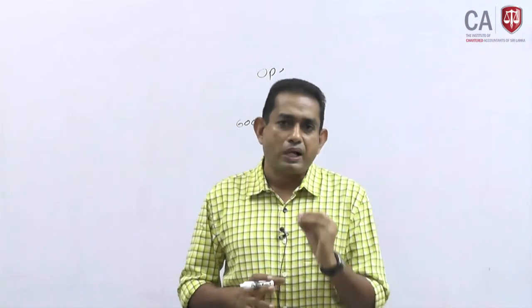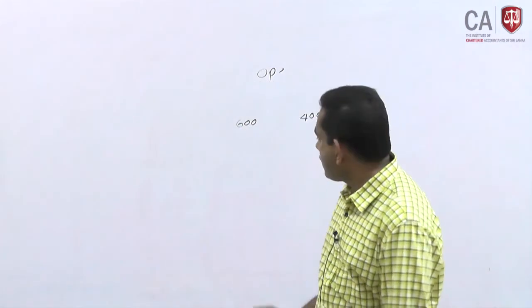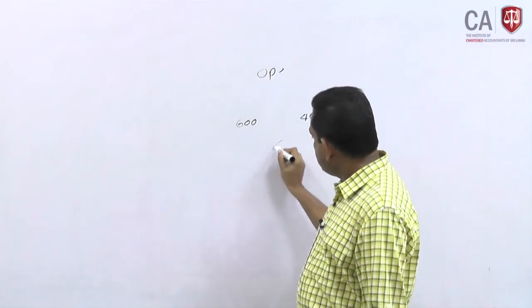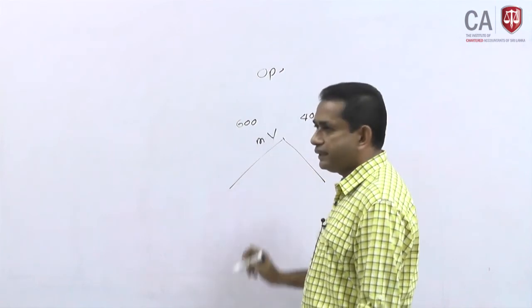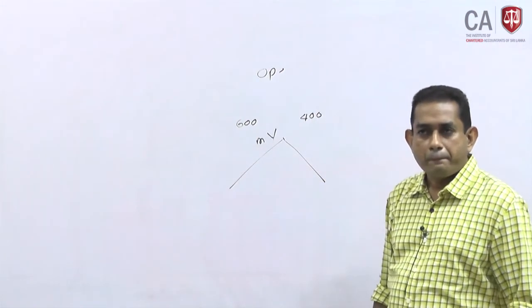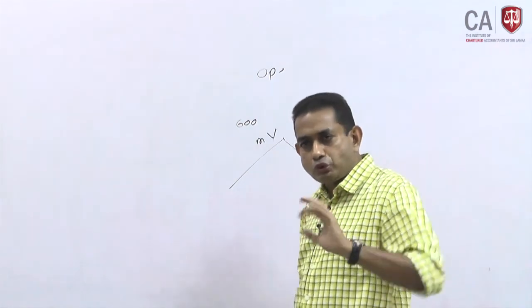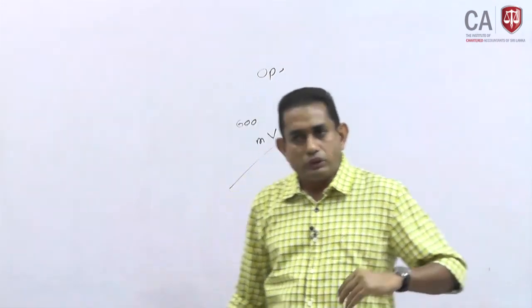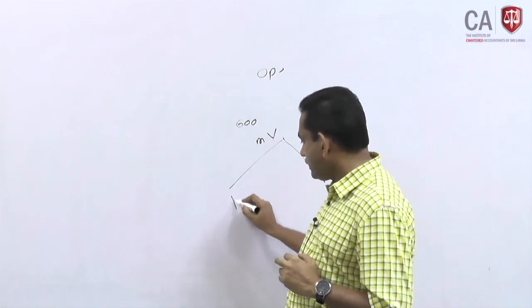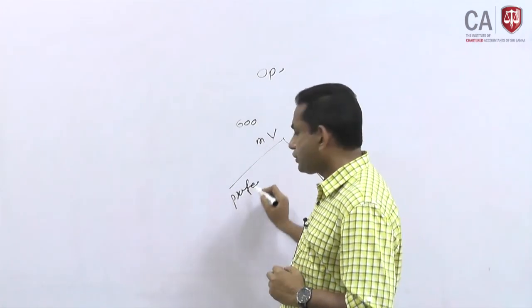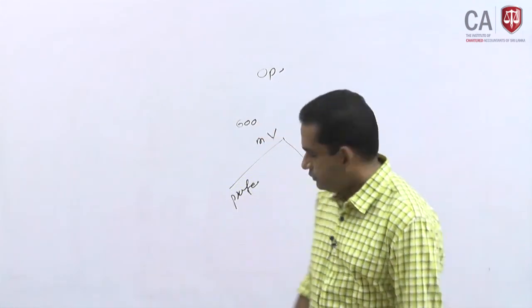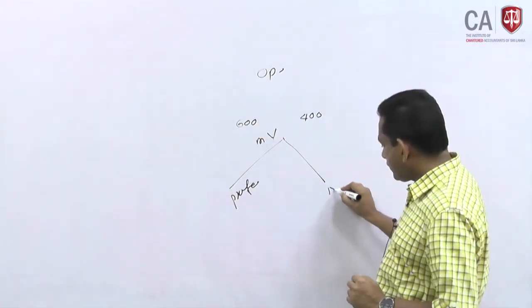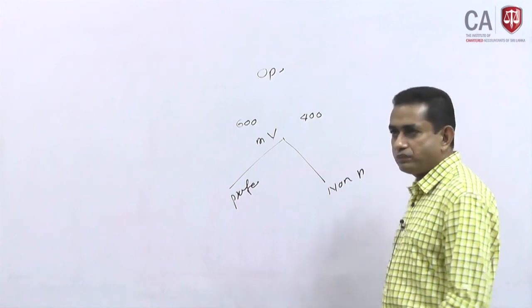Then classes of customer. Say we are selling motor vehicles, and we are selling vehicles to two categories of customers. First category, professionals like you all, chartered accountants, doctors, engineers, lawyers and so on. And the second, non-professionals.